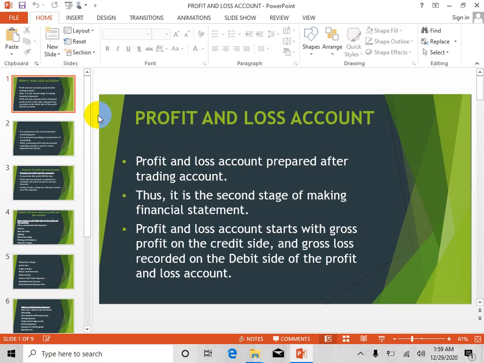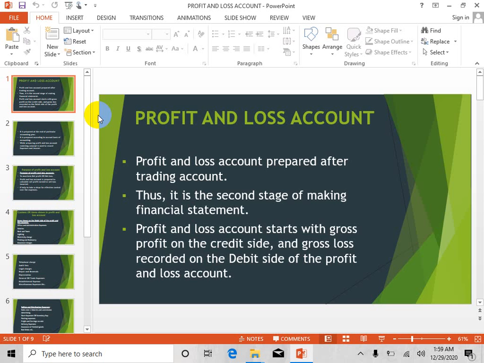Now let's come to the first slide, which is the profit and loss account. The profit and loss account is prepared after the trading account. The trading account is the first stage of the proper income statement, right?